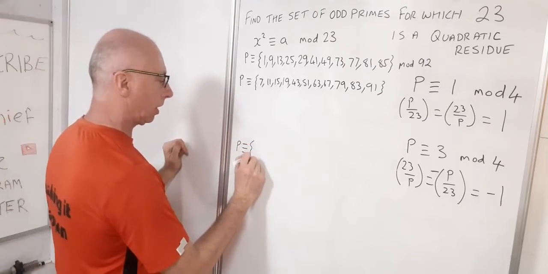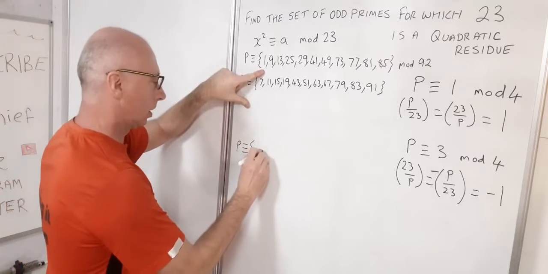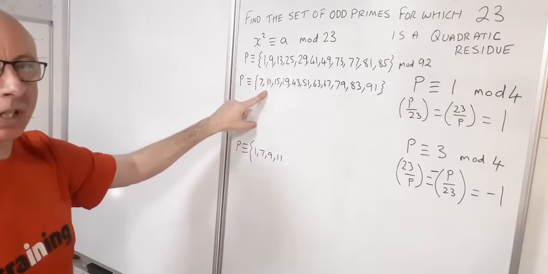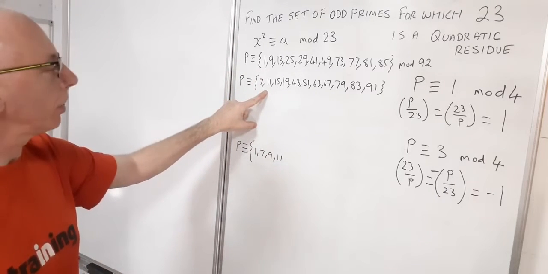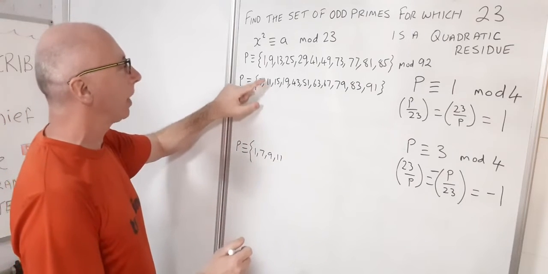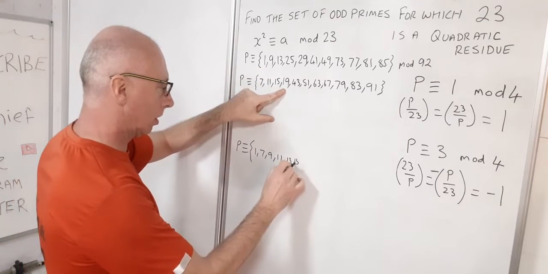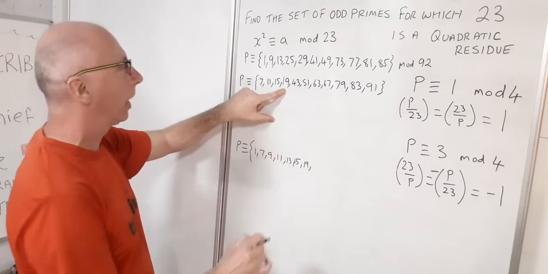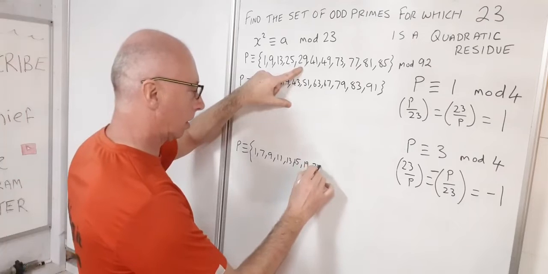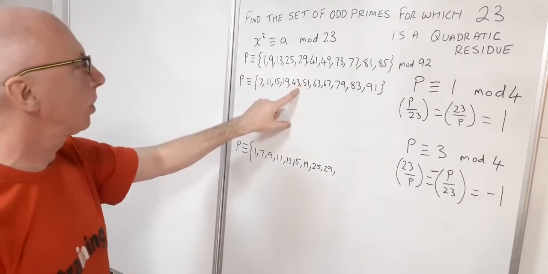So now we've got P is congruent, putting them in numerical order. So we've got 1, 7, 9, 11. Now the reason we're doing this, you'll see, because there's a way we can check our result at the end, which I'll show you when we've got them listed in numerical order. So we've got 1, 7, 9, 11, 13, 15, 19, and then we've got 25, 29, interestingly no numbers in the 30s, and then we've got 41, 43, 49.